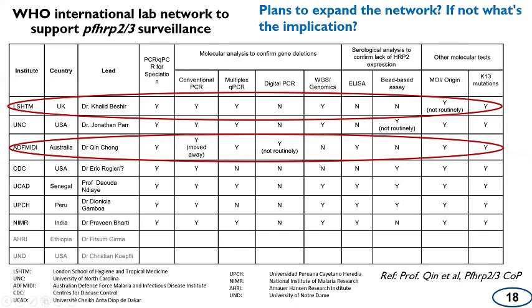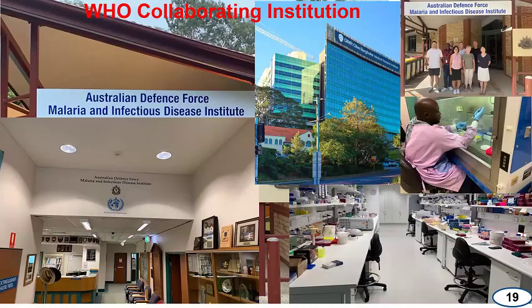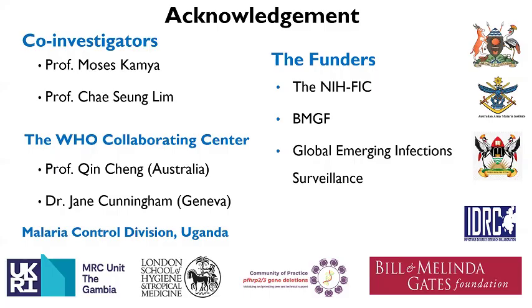But the question is, the WHO needs to expand this laboratory network to accredit some more laboratories in Africa to be able to run quality molecular assays for detection of gene deletions. This is the facility in Australia where I ran the surveys, both surveys from Uganda, samples from Uganda. And I acknowledge everybody, including co-investigators, the WHO collaborating centers, and the funders. Thank you very much. Back to you, Chair.